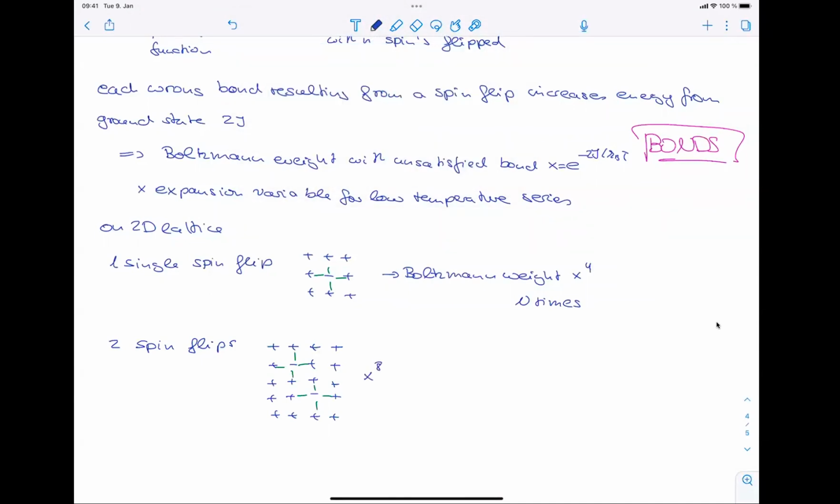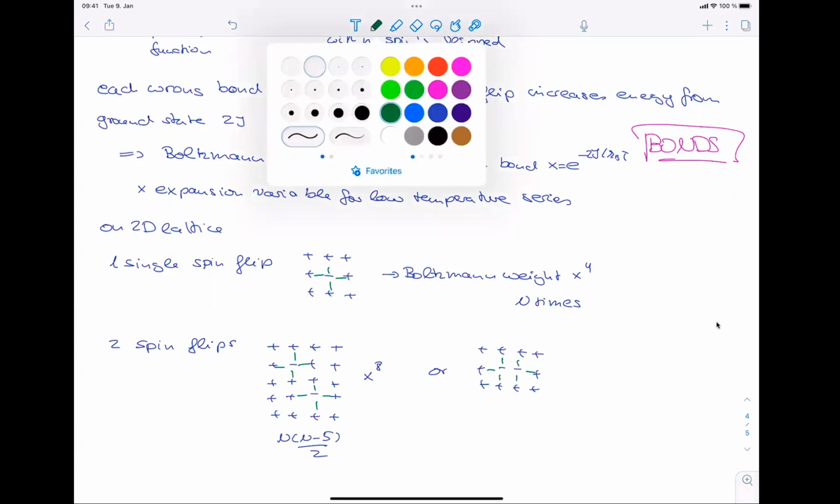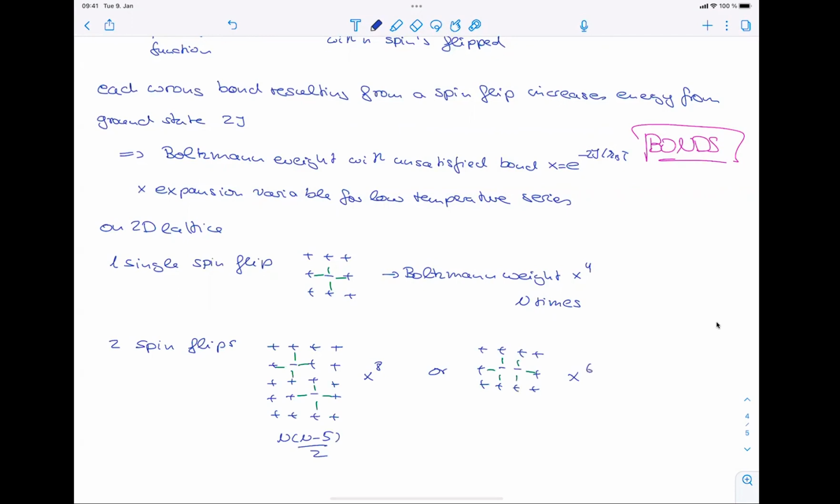And having 2 independent ones, I can have n times (n minus 5) over 2 times. Or I can flip 2 spins that are actually neighboring. Or I can have plus, minus, plus. And then I break 1, 2, 3, 4, 5, 6 bonds. So then this is x to the 6.